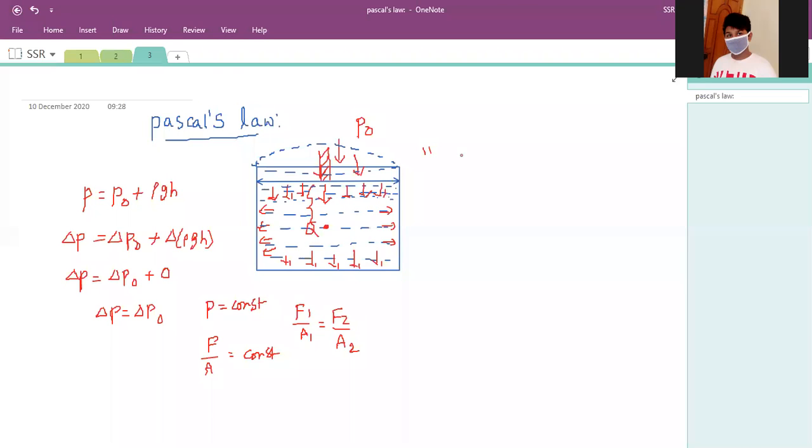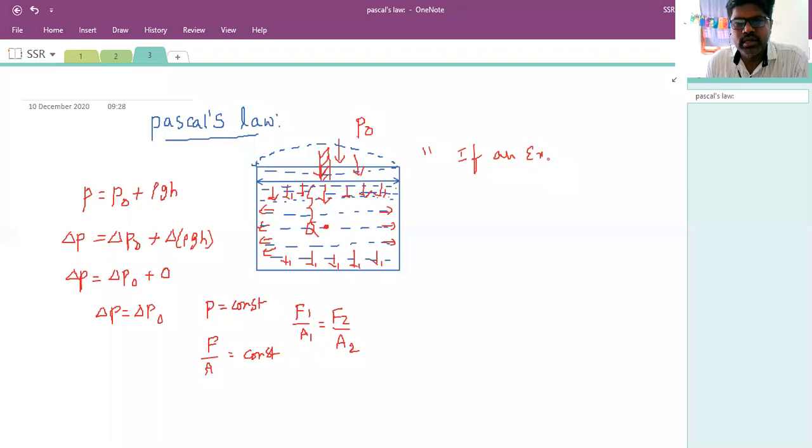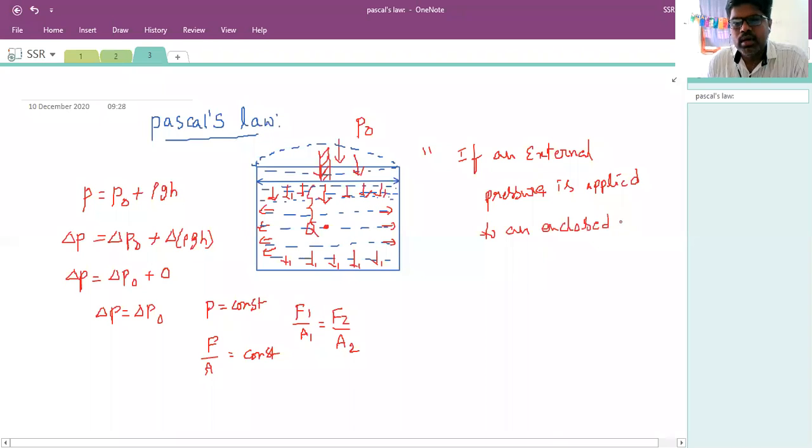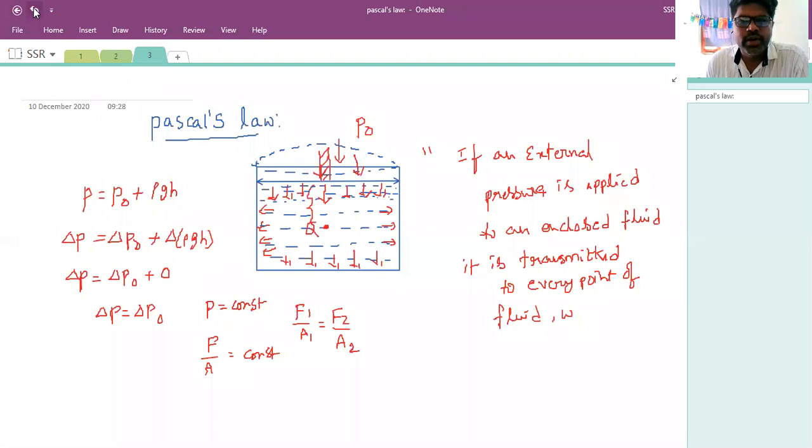Once again, if an external pressure is applied to an enclosed fluid or liquid, it is transmitted to every point of the fluid undiminished.